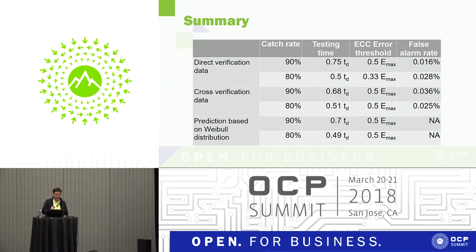Then through the cross verification data, you can see you still get a similar result. So we have trend data to get the testing time and the new ECC error threshold, and we use the new data for cross verification, then get a similar result.